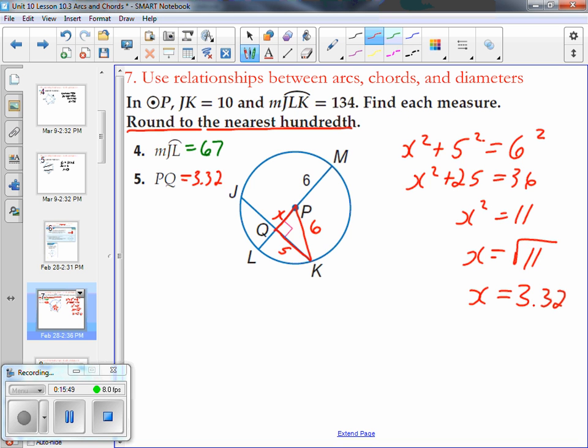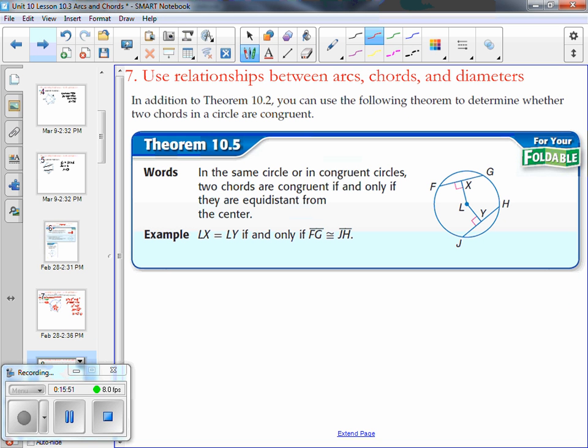Okay. One more theorem. And it's on page 703. All right? And what this theorem is actually another way to determine whether or not two chords are congruent. We already learned that if two arcs are congruent, their corresponding chords are congruent. We just learned that 10 minutes ago.